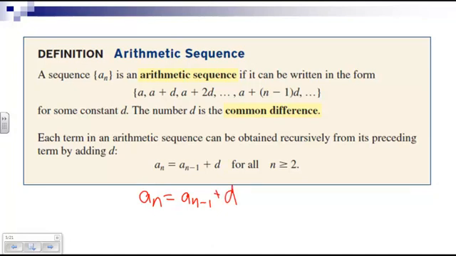So it looks like a sub n has two definitions here. It is that, and it's the explicit definition that a sub n is a sub 1 plus n minus 1 times d. Does that work for the previous example? Let's see.